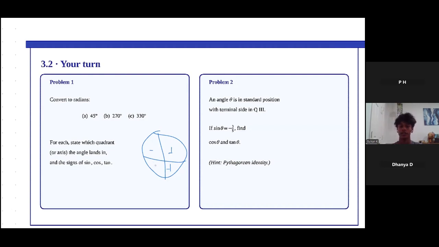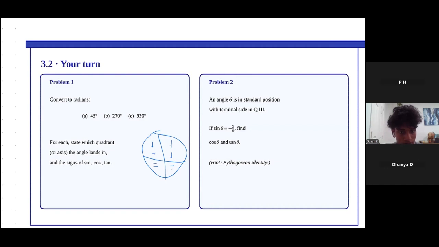So I'm going to have you guys figure tan out because I'm going to write sine on top of cosine here, right? So plus plus minus minus, that's going to be your sine. And for cosine, it's going to be minus minus plus plus.